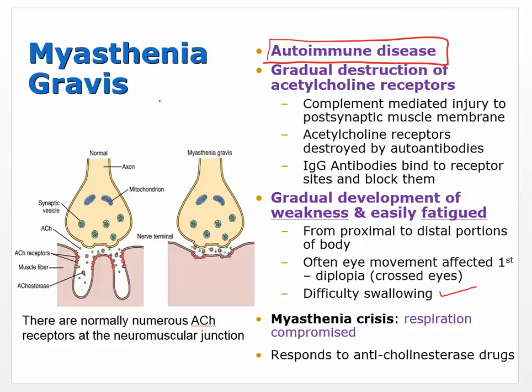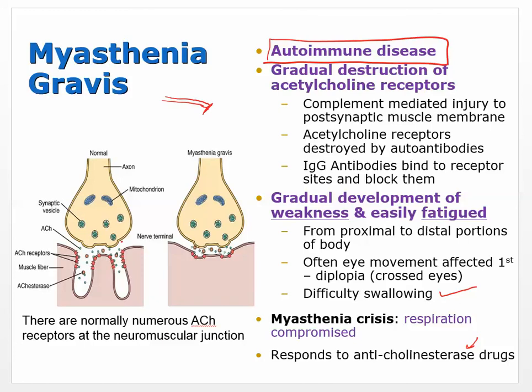The autonomic nervous system does use acetylcholine. So what can happen is myasthenia crisis, in which your respiration may be compromised, and it responds to anticholinesterase. The disease itself responds to anticholinesterase drugs. If you block acetylcholinesterase, that's how you're going to treat it. You don't have enough activation of the neurons.